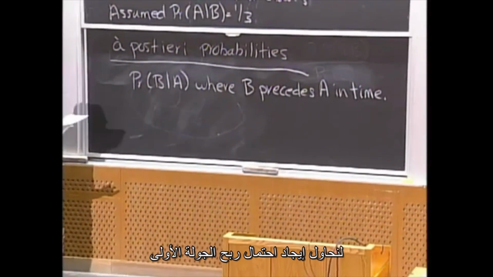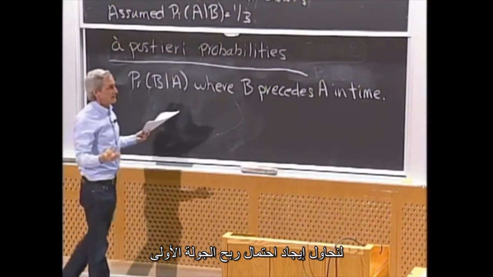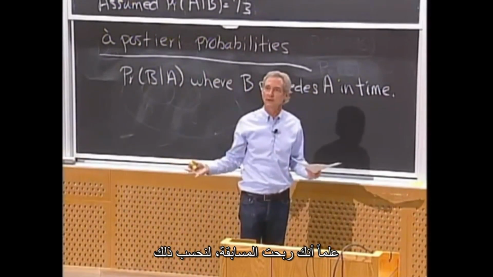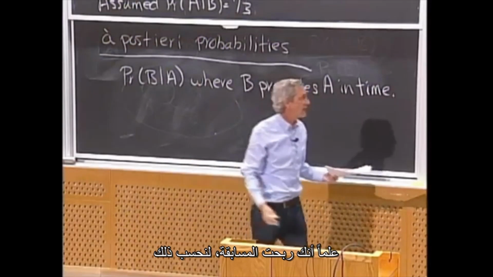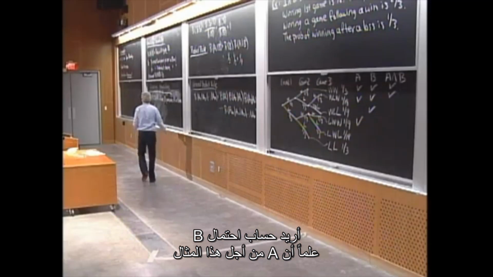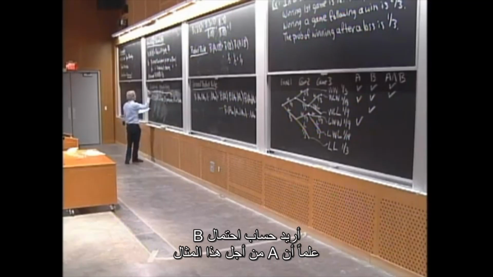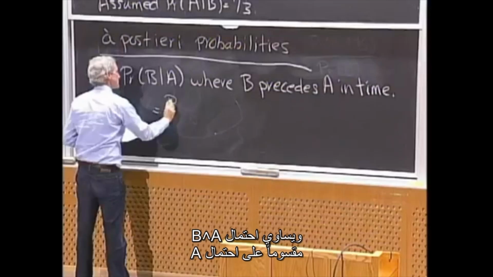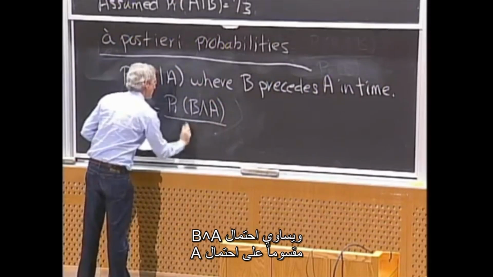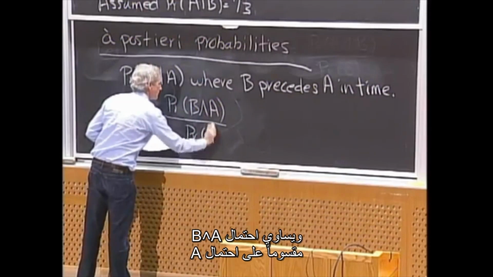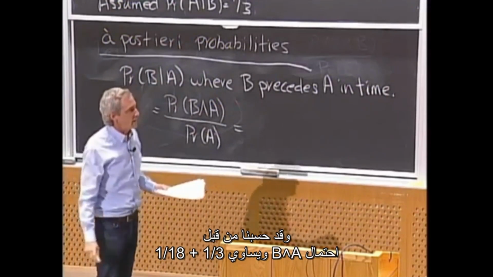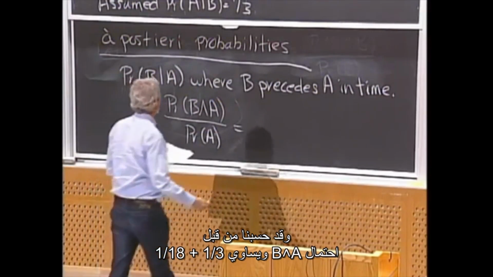So let's figure out the probability that you won the first game given that you won the series. So I want the probability of B given A now for this example. Well, it's just the probability of B and A over the probability of A. We already computed the probability of A and B. That's 1/3 plus 1/18.